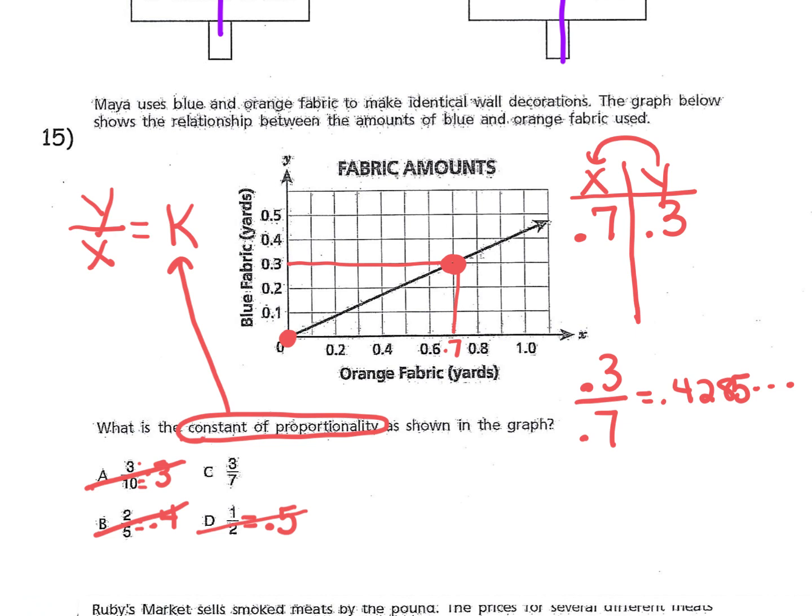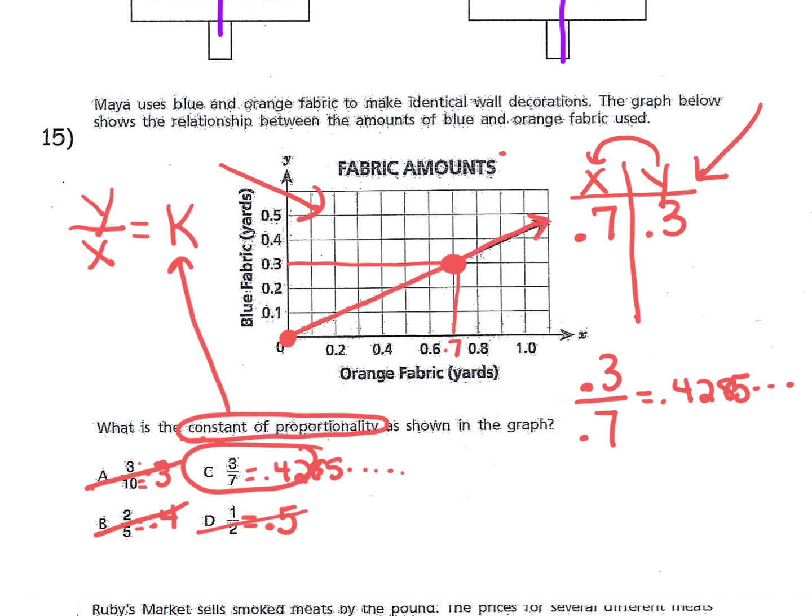Neither is that. If you take 3 divided by 7, you will get that equivalent K rate. Clearly, it's C. But remember, when you get a graph, your immediate instinct should be to create a table and pull a few good readable points off the line.